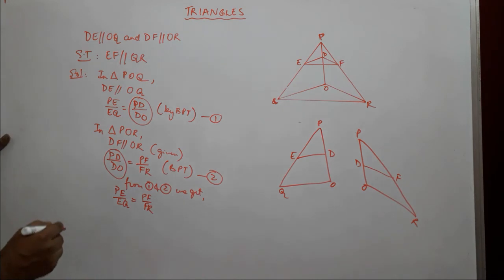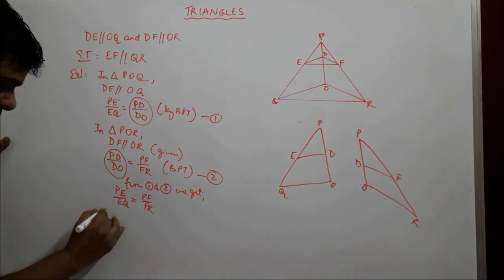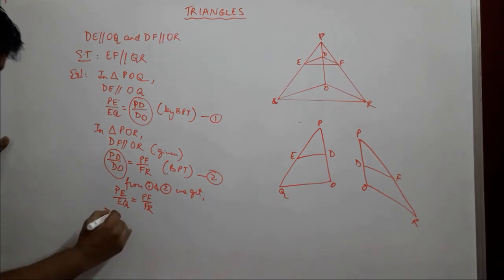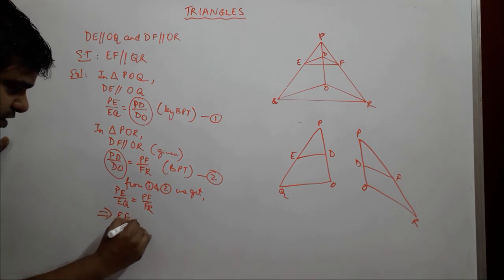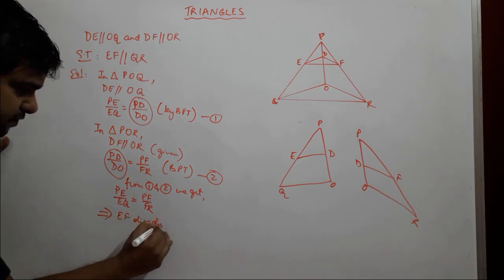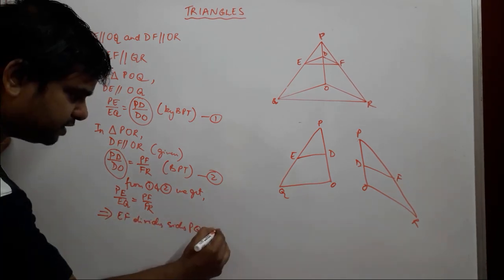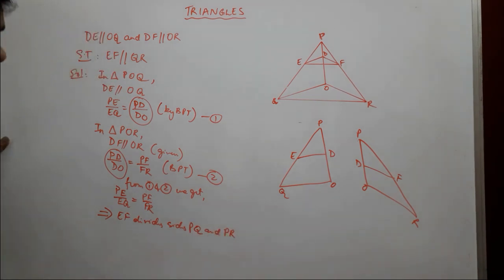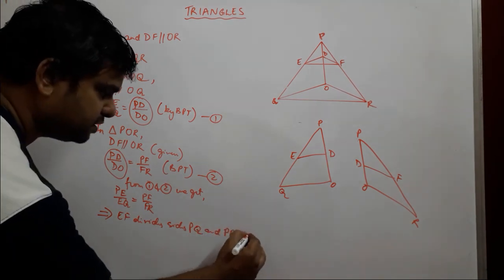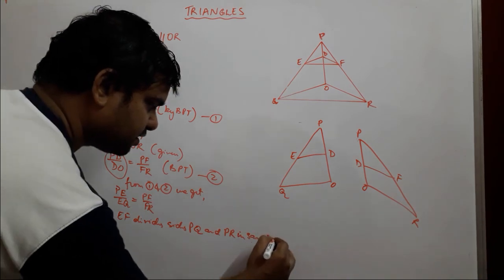So now we can say this implies that EF divides PQ and PR in same ratios.